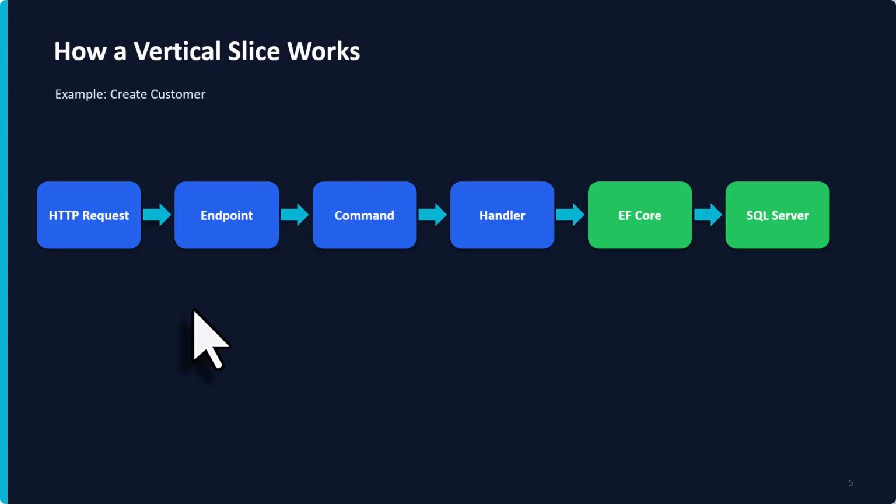Here we completely remove the controllers, and in place of that we have the endpoint. You can assume an endpoint is nothing but a controller. So now: endpoint, command, handler, EF Core, and SQL Server. Here we do insert and delete operations with Entity Framework. This is how the data flows.